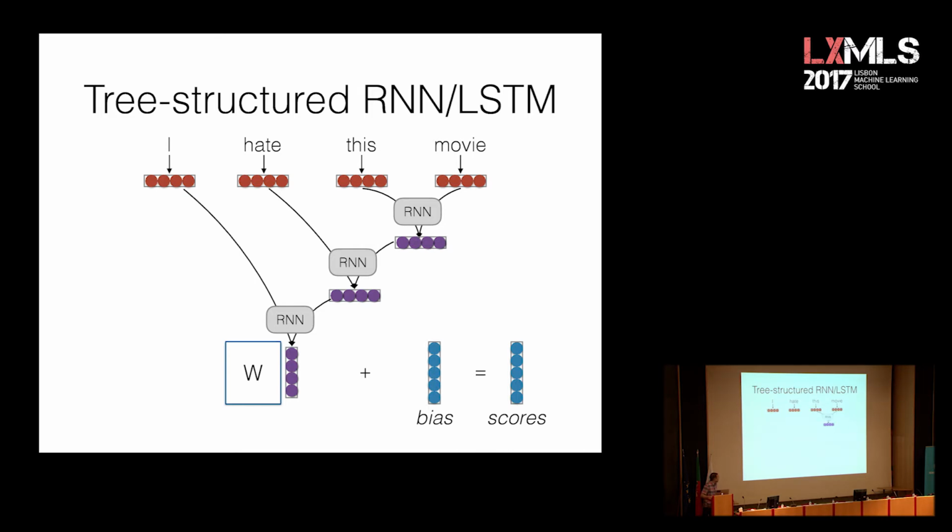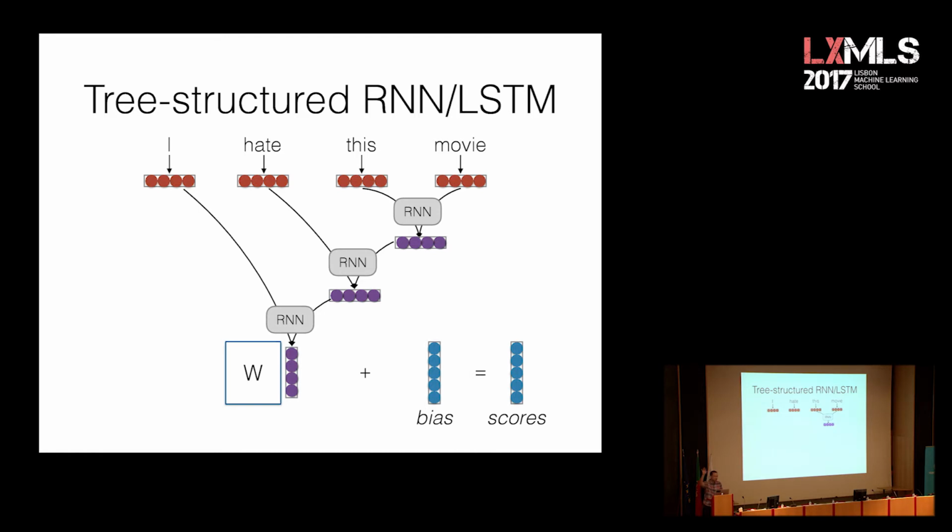And basically the idea here is, I should have drawn a parse tree first. But basically, if we have a phrase structure parse tree, this movie will be a single phrase, hate this movie will be another phrase, and then I hate this movie will be the top phrase. So what these models do is they take in two words, run them through some sort of transformation, and use this to calculate a vector.